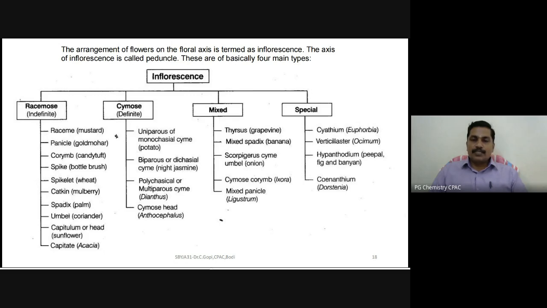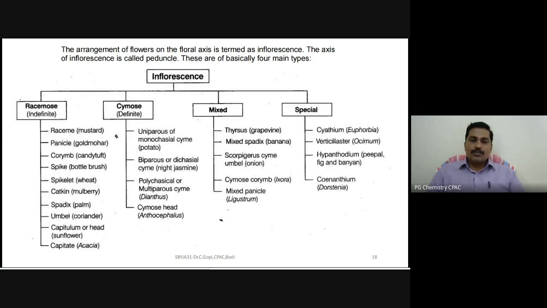The main stem of the flower is called the peduncle. The group of flowers present on the stem is called the inflorescence. There are four different types. One is racemose, two is cymose, three is mixed, and four is special. Under the racemose, there are many types: raceme, panicle, corymb, spike, spikelet, catkin, spadix, umbel, capitulum, and capitate.